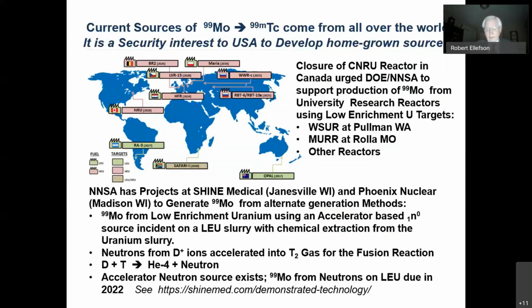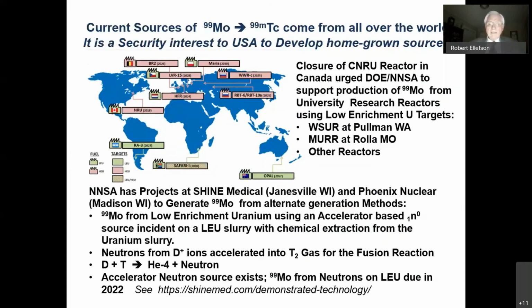And these are DOE-funded facilities. So, for example, WSUR, the Washington State University Research Reactor at Pullman, Washington, and the University of Missouri reactor at Rolla, Missouri.